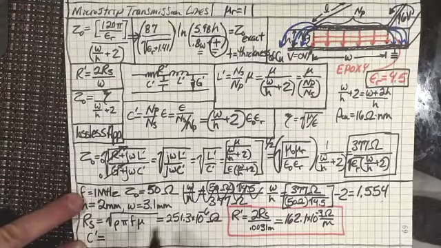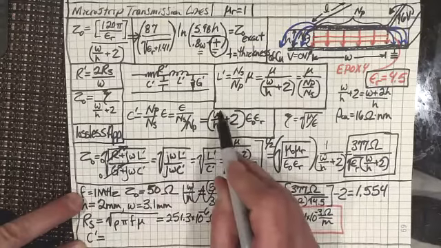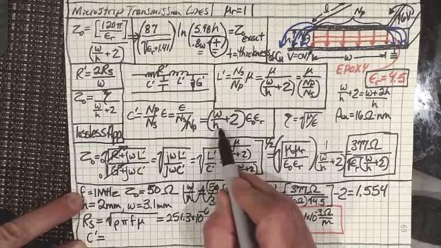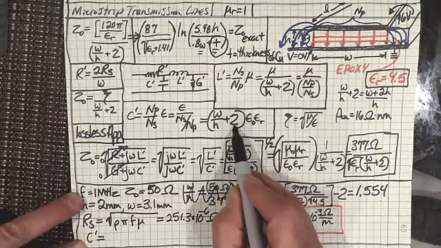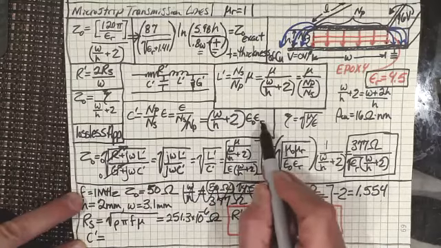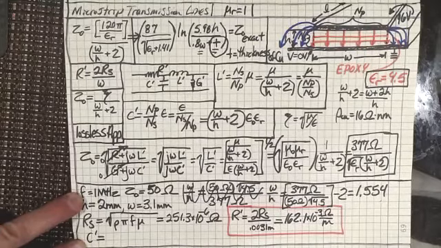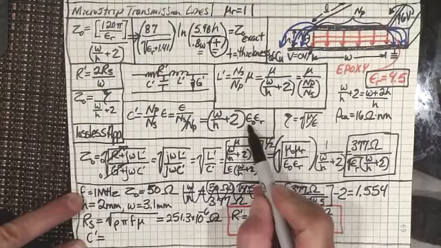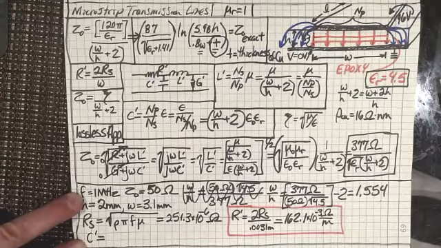C prime is going to be, well, we've got the equation here, so it's W over H, and we know that's 1.55 plus 2, so that's 3.55. 3.55 times 4.55 is going to give me 15, and 15 times 8.85 times 10 to the minus 12 is going to give me something that's larger than times 10 to the minus 12, isn't it? That's right. And so that's what I get with C prime.